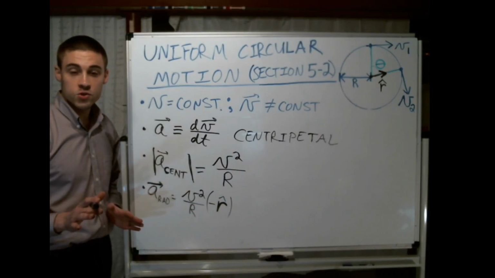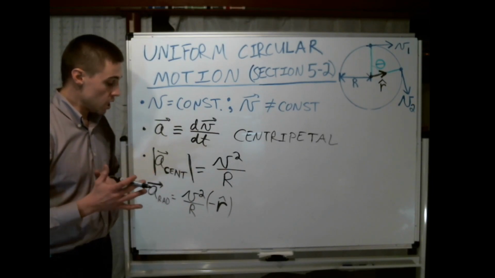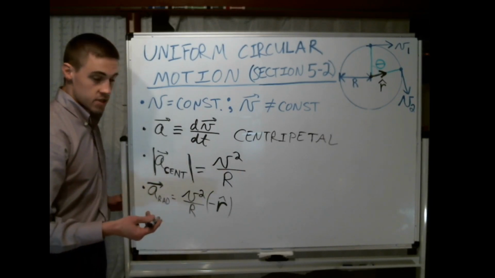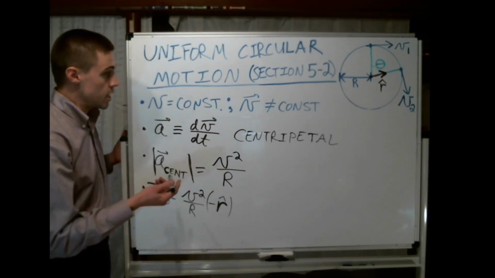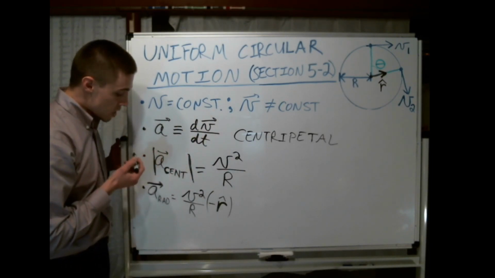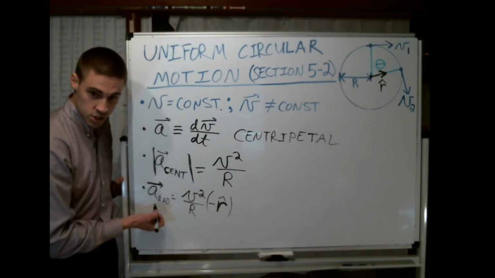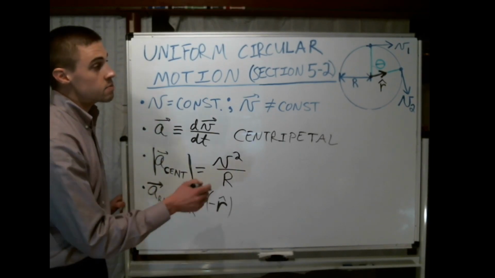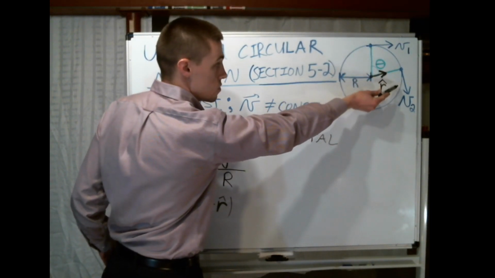Now, very quickly, I just want to talk about what happens if we relax this assumption of uniform circular motion and talk about general circular motion. Say you had an object traveling around a circular trajectory and it's not necessarily going at the same constant speed. The interesting thing is that the acceleration in the radial direction is always going to be v squared over r, no matter what. It doesn't matter if v1 up here is different than v2 over here.